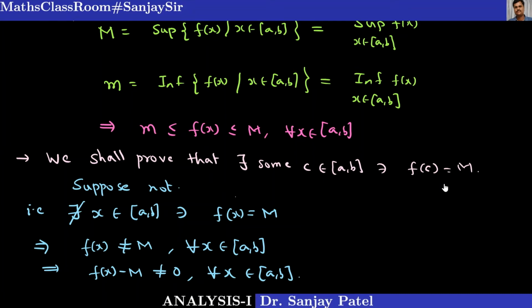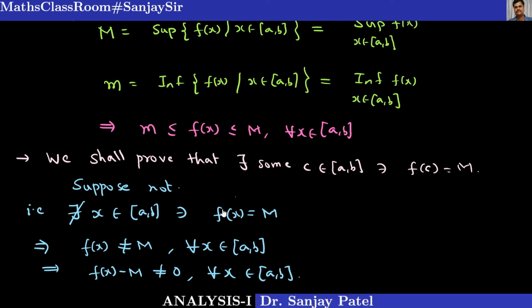What I want to do is define a new function using this last condition, f of x minus M is not equal to 0. Remember that our aim is to prove that there is some c in closed interval AB such that f of c is equal to M, and we are assuming that it is not true.